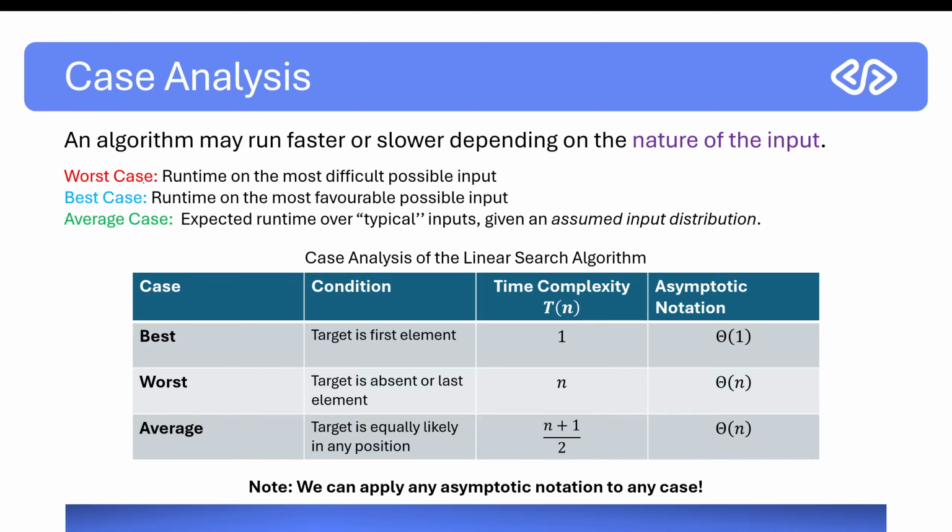Shell sort is a very interesting algorithm, and the average case has not been discovered yet because the nature of that algorithm makes it very hard to derive the average case. One reason is you have to have an assumed input distribution. So you need to assume something about the inputs, which is very hard to do for very complex algorithms. But for linear search, the average case does exist.